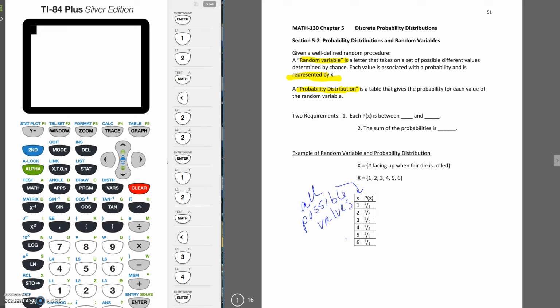The probability of rolling a 1 is 1/6. The probability of rolling a 2 is 1/6, and so on. And notice if we add up all of the probabilities, remember this sigma is the sign for a sum, we'd have 1/6 plus 1/6 plus 1/6 plus 1/6 plus 1/6 plus 1/6, which would give us 6/6 or 1. So this is a valid probability distribution.